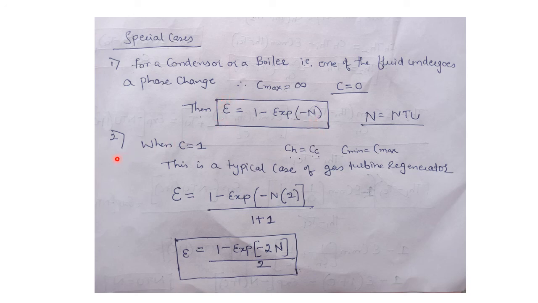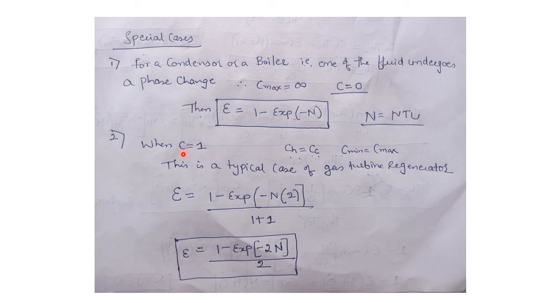Now the second case, when CH is equal to CC, neither greater nor lesser. When both the values are equal, C minimum will be equal to C maximum. In such a condition, we get the capacity ratio C equal to 1. C is C minimum divided by C maximum. When both values are equal, CH divided by CC cancels, and C will be equal to 1.